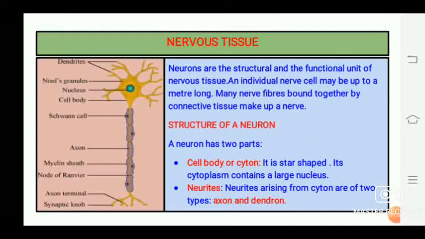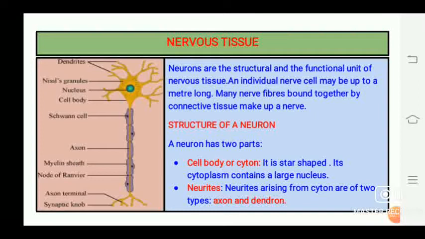Now, some more about neurons. Neurons are the structural and functional unit of nervous tissue. Like in our body, the cell is the structural and functional unit, similarly in nervous tissue, neurons are the structural and functional unit.